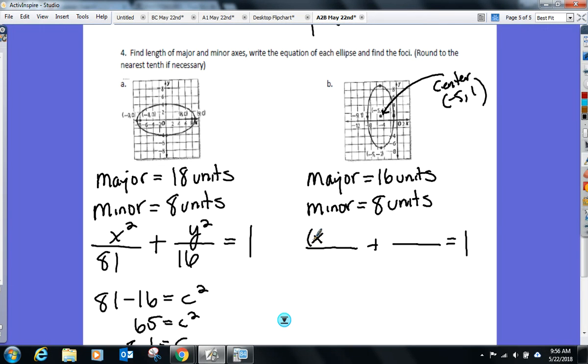X, opposite the sign, plus 5 squared. Ooh, what should go on the bottom? This is the X. What was that distance right there? That was 4 squared, 16.